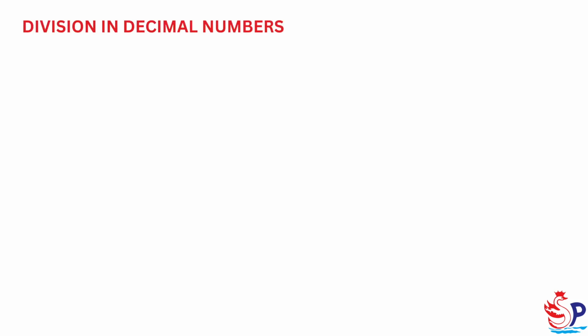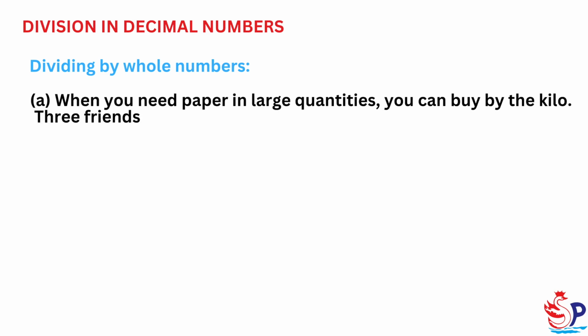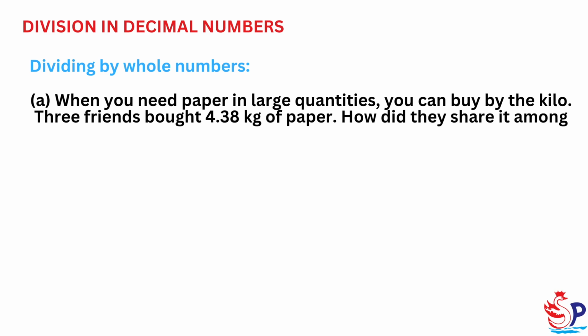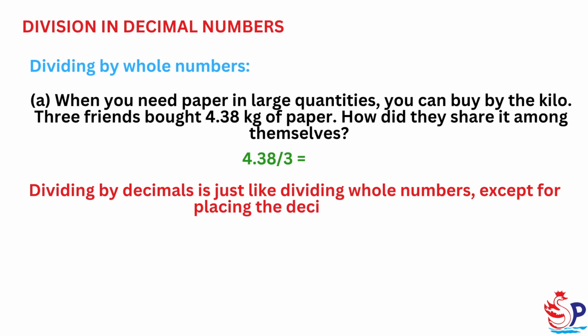Division in decimal numbers. Dividing by whole numbers. A. When you need paper in large quantities, you can buy by the kilo. Three friends bought 4.38 kilograms of paper. How did they share it among themselves? 4.38 divided by 3 equals? Dividing decimals is just like dividing whole numbers, except for placing the decimal point.